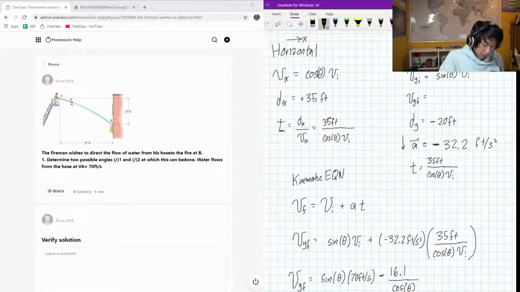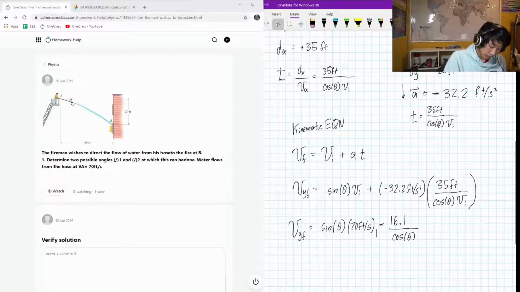So now that we have these relationships, we can hopefully find another equation that is representing for t, and then all that will be left is the different theta values, and then we can hopefully be able to solve for that. Okay, so maybe another kinematic equation that we can use.